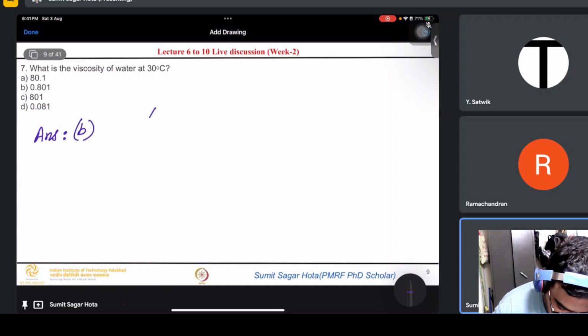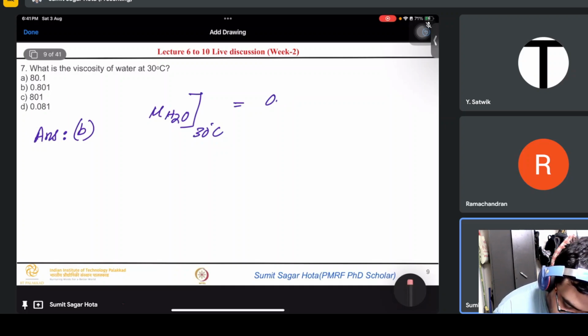Okay, so mu of H2O at 30 degrees Celsius is equal to 0.801, and what is the unit of dynamic viscosity? Pascal second or kg per meter second. Okay, so air also I write down.